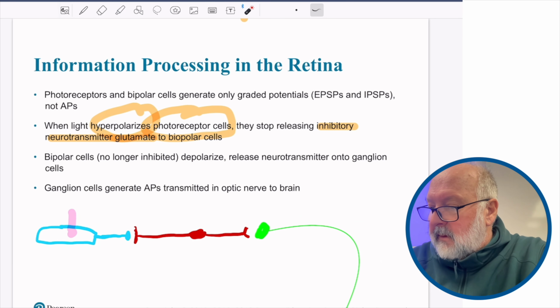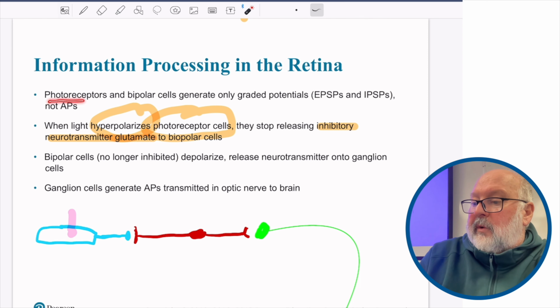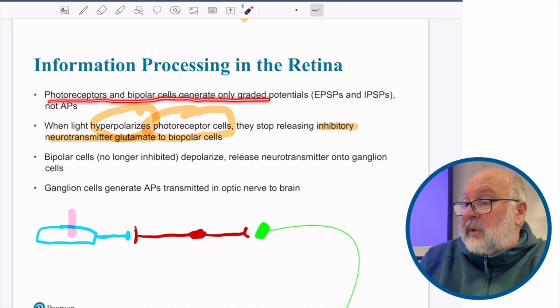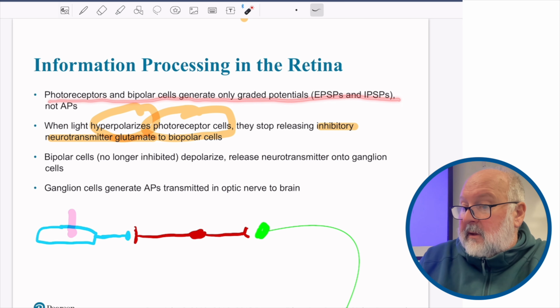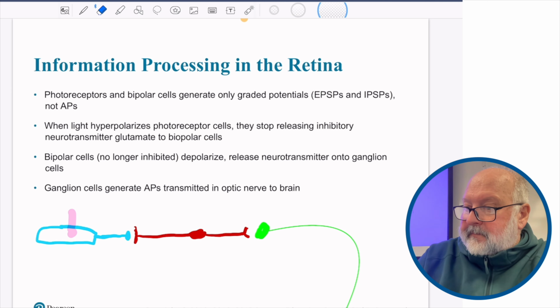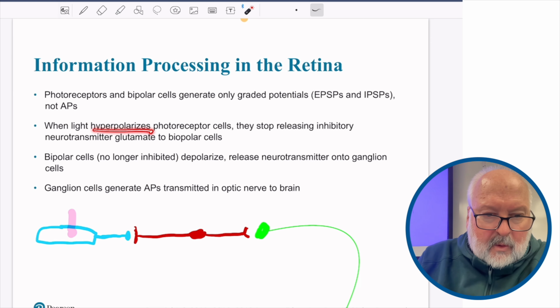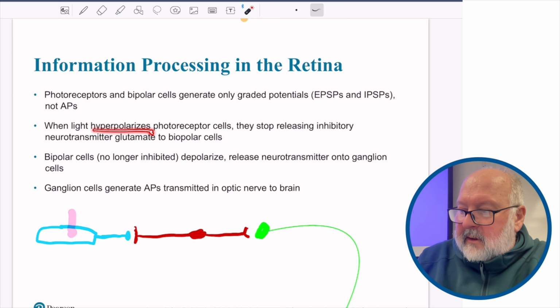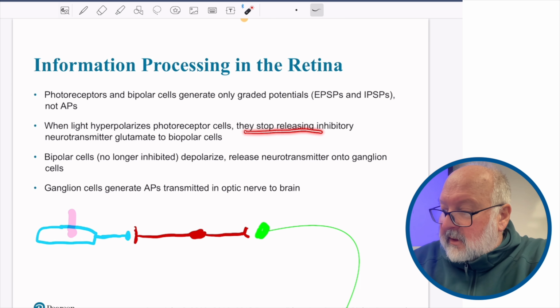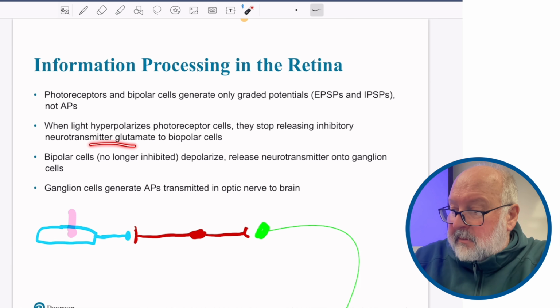All right, now little thing, let's head here. Photoreceptors and bipolar cells generate only graded potentials, EPSPs and IPSPs, not action potentials. So if light hyperpolarizes the photoreceptor cell, so I'm going to hyperpolarize a rod or a cone, and when I do that, they're going to stop releasing, and here's the key thing, an inhibitory neurotransmitter, glutamate.